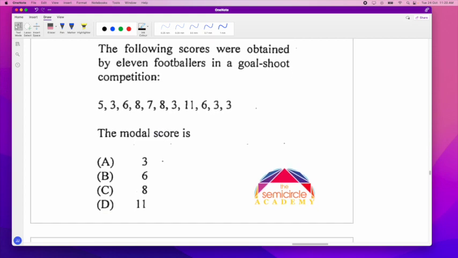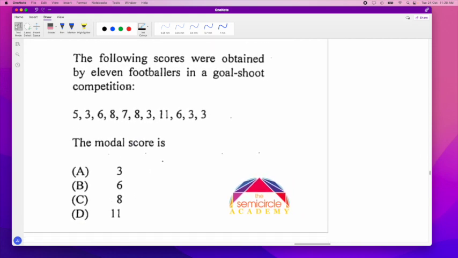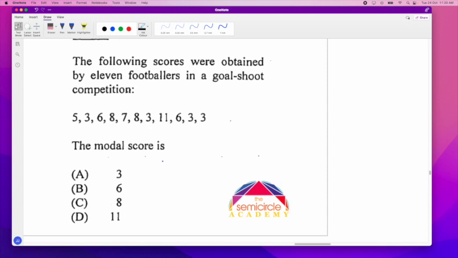So the following scores were obtained by 11 footballers in a goal shoot competition. What is the mode? The mode is the most popular, or the one that has occurred the most. So how many 5s do we have? We have just 1 5. To me, 8 looks like the mode because we have 2 8s.